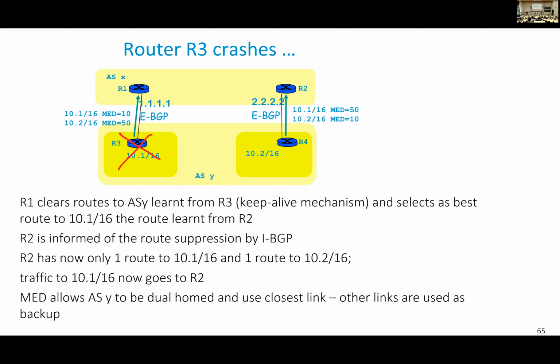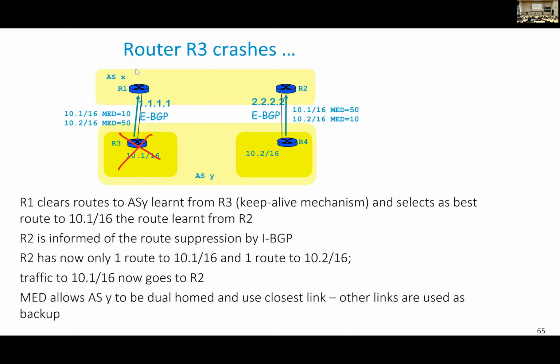What would happen if router R3 crashes? For example, if this dies here, right? Well, if this dies, R1 will learn that the route that it has obtained from R3 is dead, because in BGP there is a keep alive mechanism. Remember that a router keeps only one best route, but it keeps all the candidate routes it has received from all the BGP routers it speaks to.